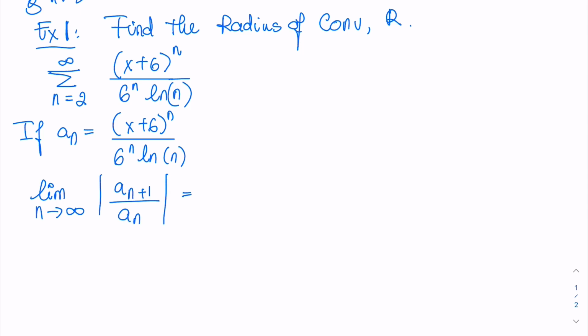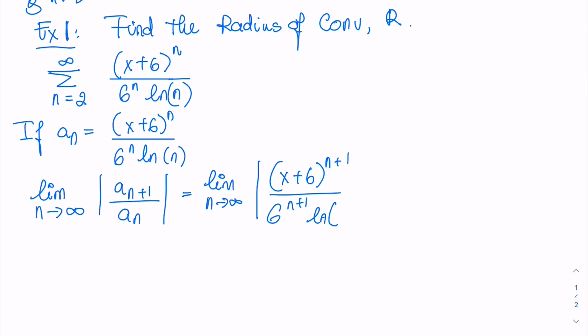So we're going to plug it in. What I have is (x plus 6) to the n plus 1 over 6 to the n plus 1 ln of n plus 1. So I add 1 to n.